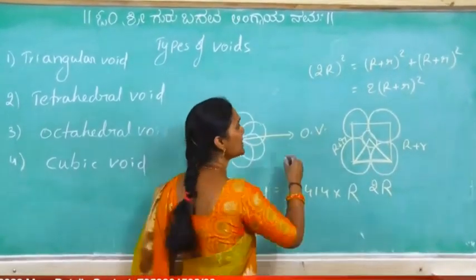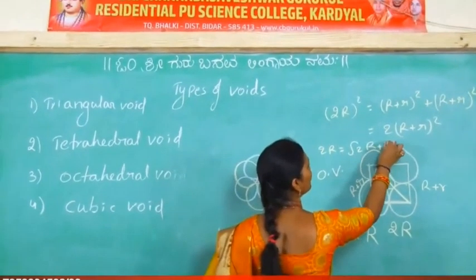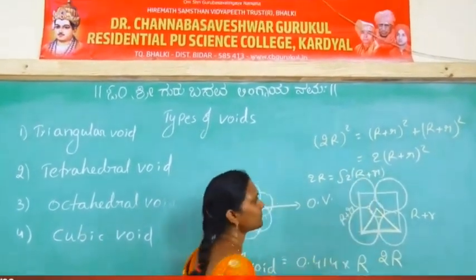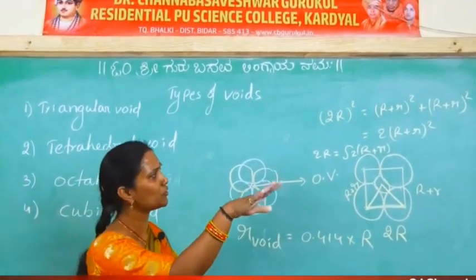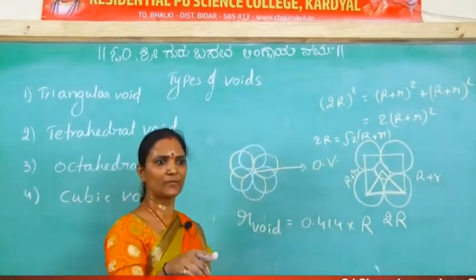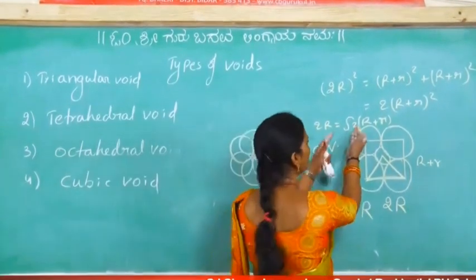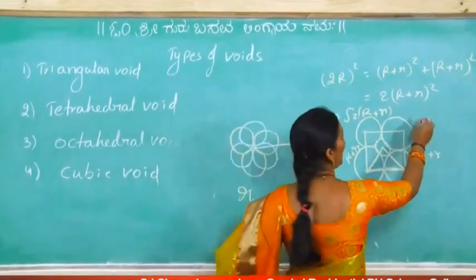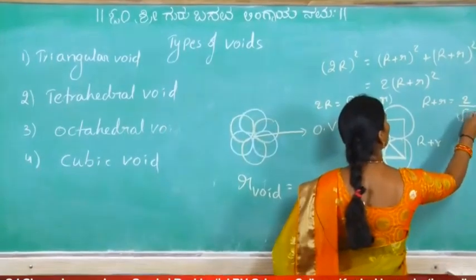Then 2r is equal to root 2 into (r plus r). Yes or no? If you simplify that, r plus r is equal to 2 by root 2 into r.